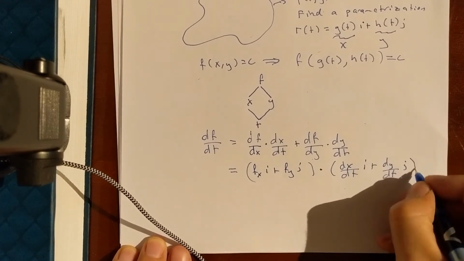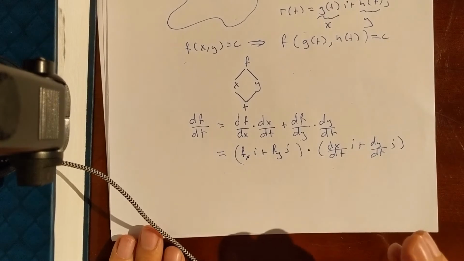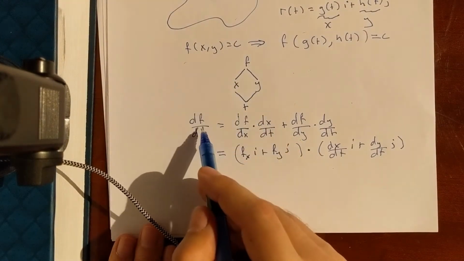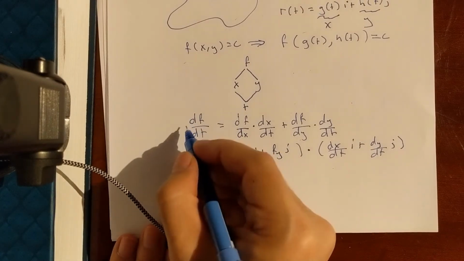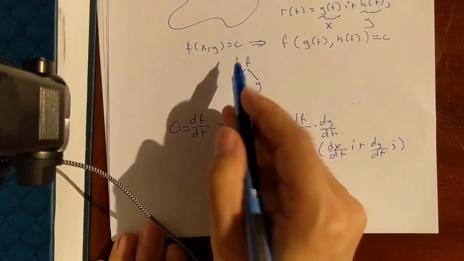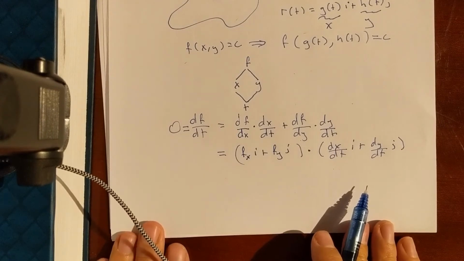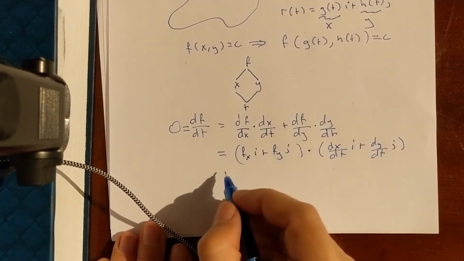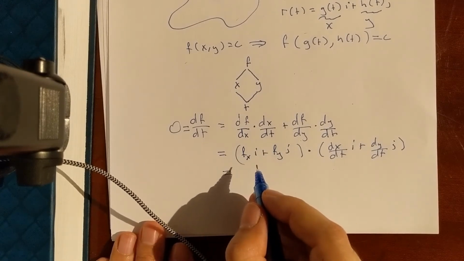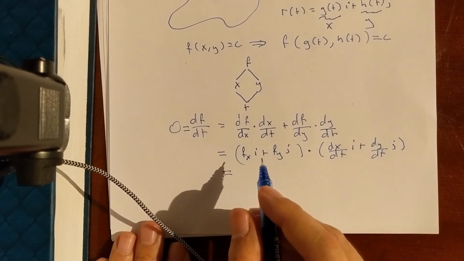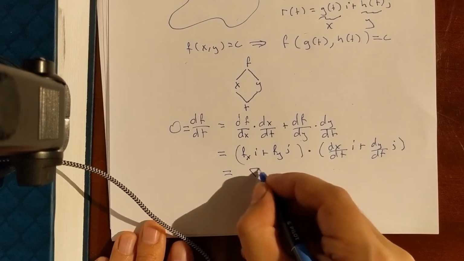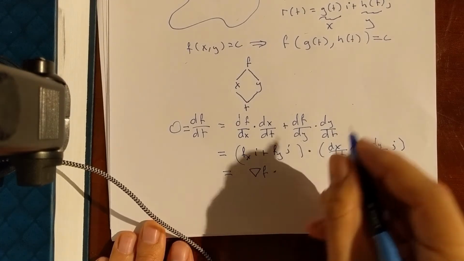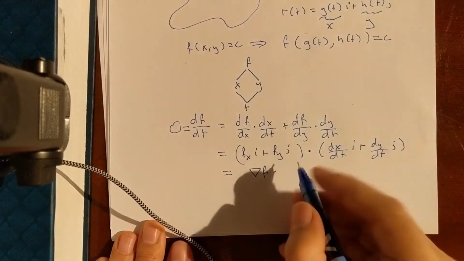Okay, but this function f of x y was equal to a constant. So df dt, I know that's got to be 0, because the derivative of a constant with respect to t is going to be 0. So what does this say? It says this is the gradient vector, and this is the derivative of r, the parameterization.